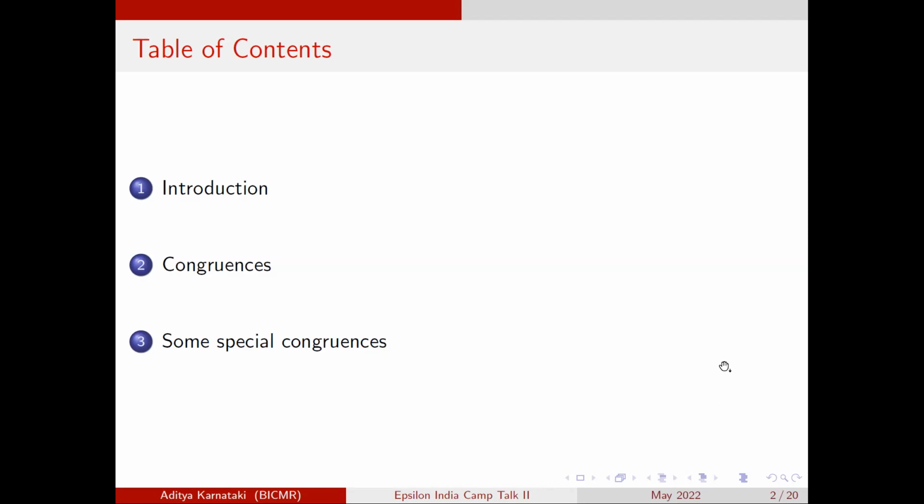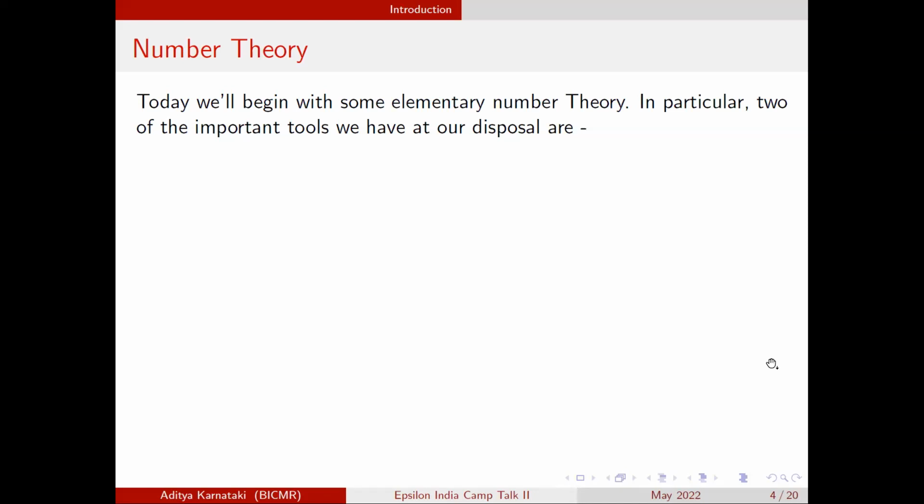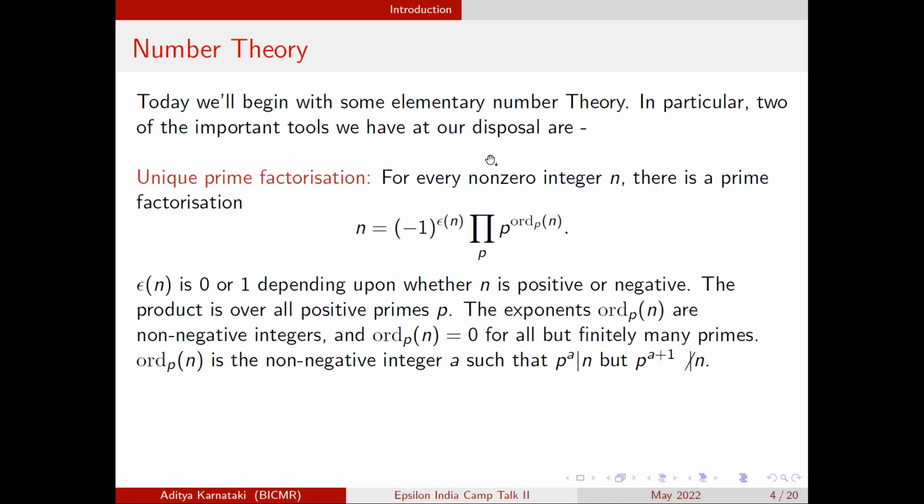Okay. All right. So introduction, and of course today we'll begin with some elementary number theory, and there are two important tools that we have at our disposal. One is unique prime factorization, which is that for every non-zero integer n, there exists a factorization into powers of primes, and there is a sign involved because we are considering all integers, positive or negative doesn't matter.